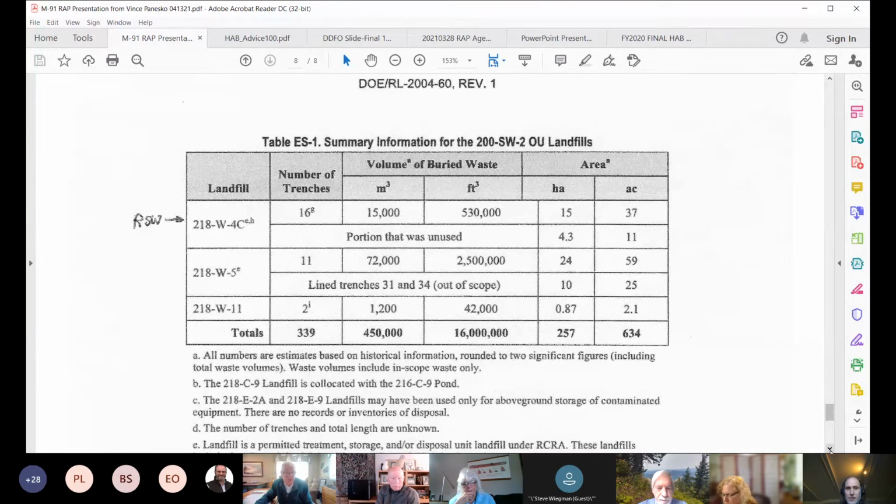So Jerry, your comment is exactly spot on. Look at the tremendous volume of waste that we've got to deal with compared to the waste we've dealt with. I just wanted to show that to emphasize your point and give us an idea of the path forward. Thank you.